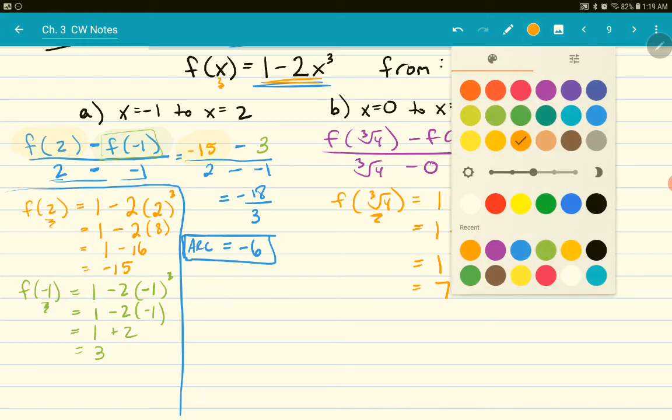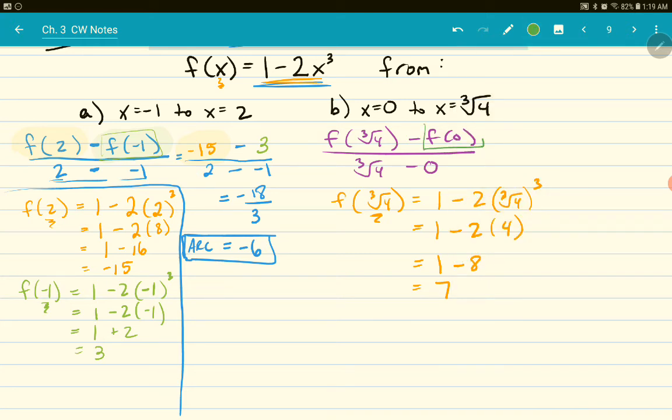And then the next thing is this piece right here, f of 0, and I plug in a 0 to that function. I get 1 minus 0, which is 1.